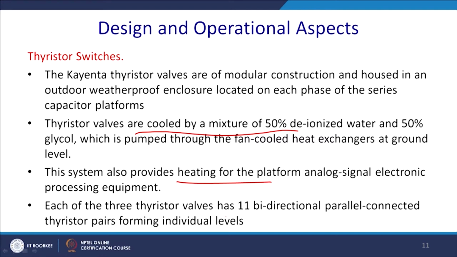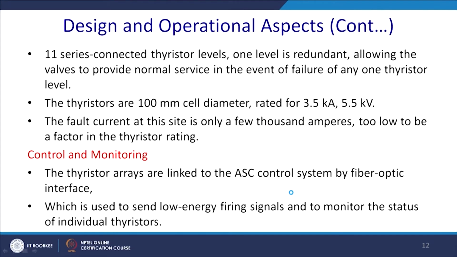Each of the 3 thyristor valves has 11 bidirectional and parallel connected thyristor pairs forming individual levels and having a current handling capability of 100 ampere each, that makes it basically the 1000 ampere. So, 11 series connected thyristor levels. This was actually put into operation in 92.